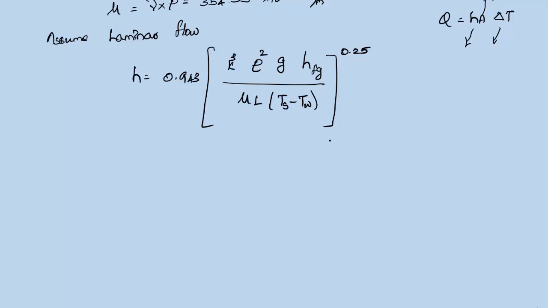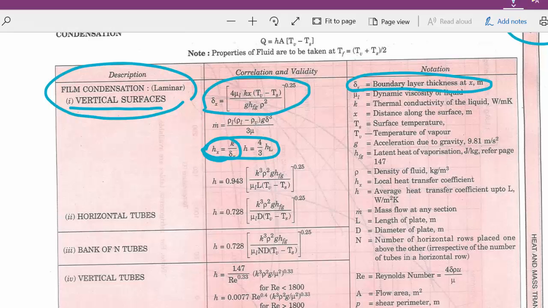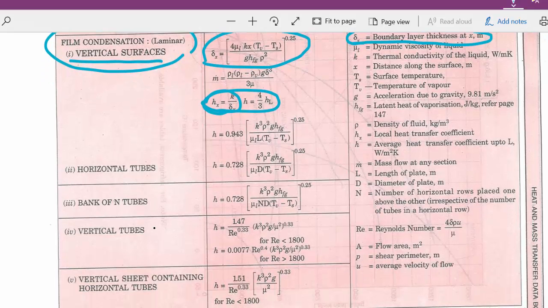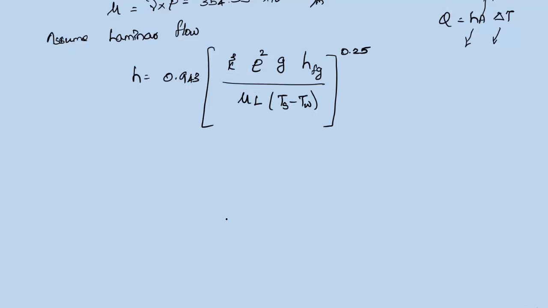This formula is available in the data book in the condensation page. Here for vertical surfaces, for H value this formula is given. So substitute all the values in this formula, you will get the value of H as 3908.86 watt per meter squared Kelvin.